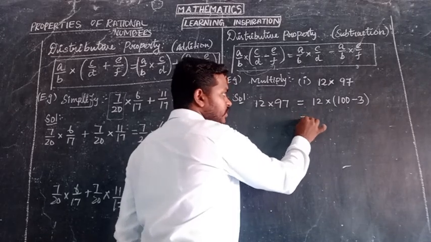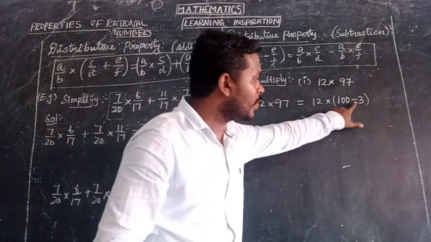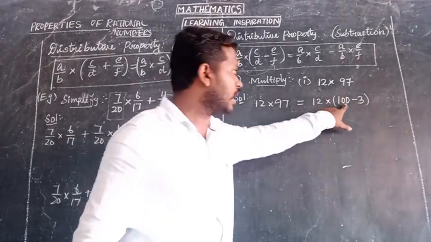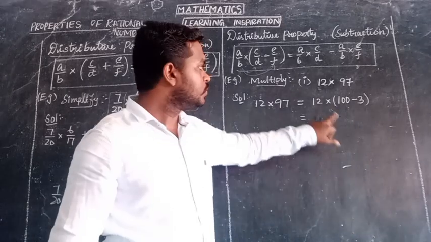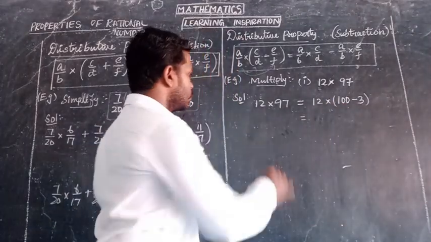So it is the distributive property of multiplication over subtraction. 12 is a rational number, 100 is a rational number, and 3 is a rational number. 12 is multiplied with both 100 and 3.